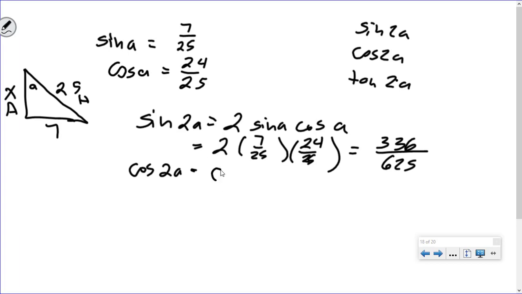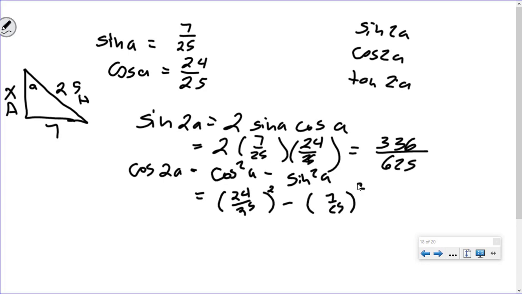So if we use cos squared A minus sine squared A, right? And then plug that in. So we have cos squared is 24 over 25 squared, minus sine squared, 7 over 25 squared.